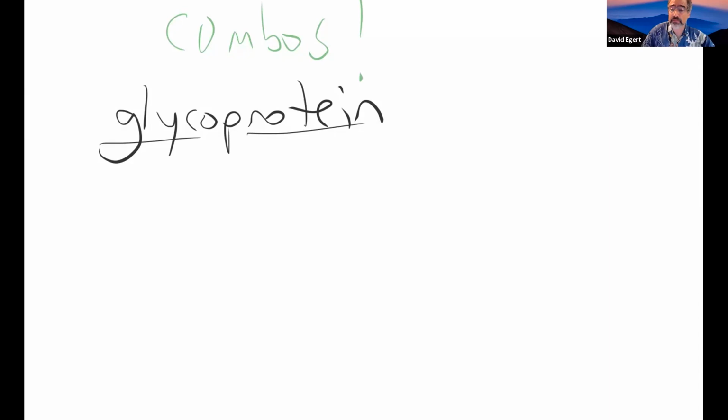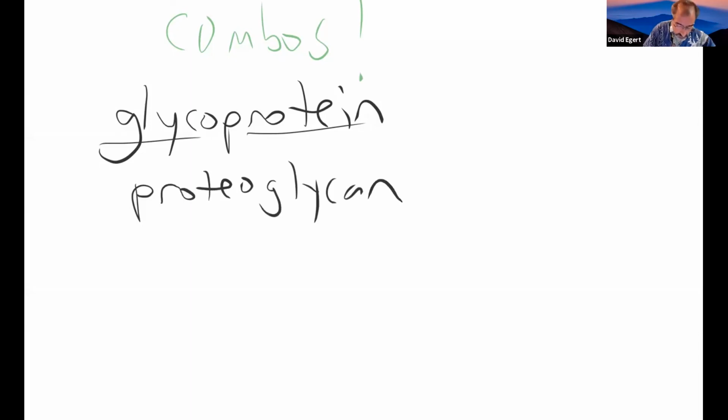If you have something that's more carbohydrate with amino acid groups attached, peptide groups, you can have what's called a proteoglycan. So a glycoprotein is mainly protein with a bit of sugar on it.